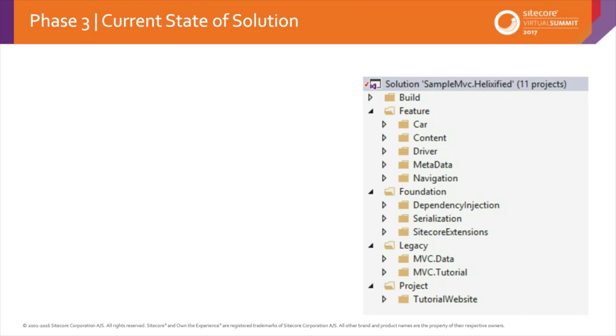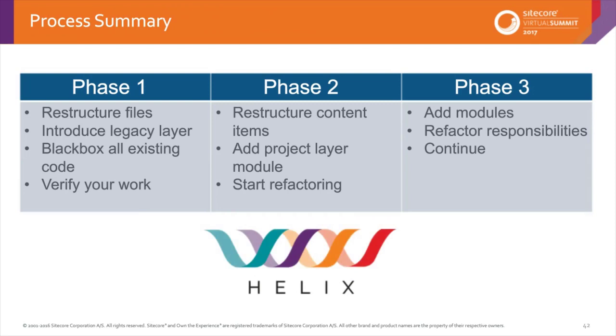It's starting to move towards the Helix conventions. This is an ongoing process. It has to be done gradually. Some legacy implementations might never be Helixified, you can call it.